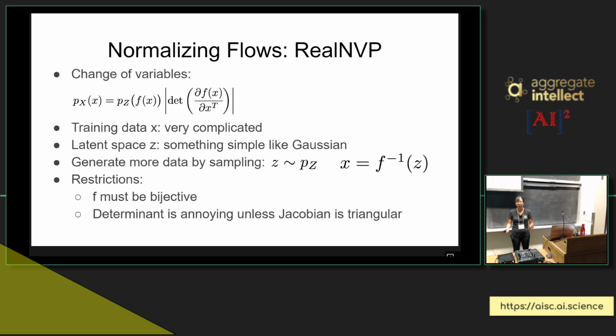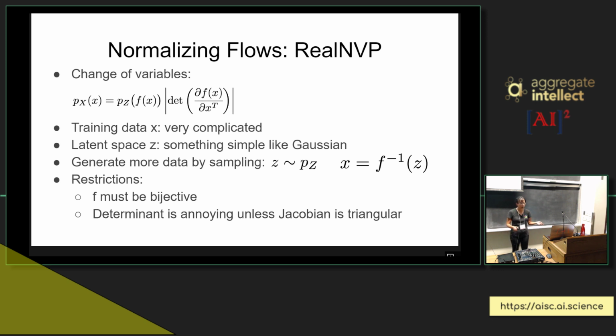and it's very difficult to capture this distribution. But there's this cool thing in statistics called the change of variables, which basically says you can find some function f that you can run on your training data, and that f will flow your training data to some space that we're going to call z. And this is a latent space. And the cool thing about z is that it's going to look a lot like a distribution that we can work with that's a lot easier to deal with, like a Gaussian.